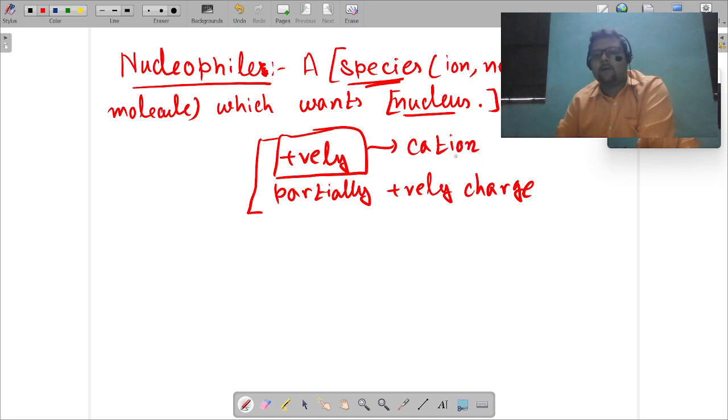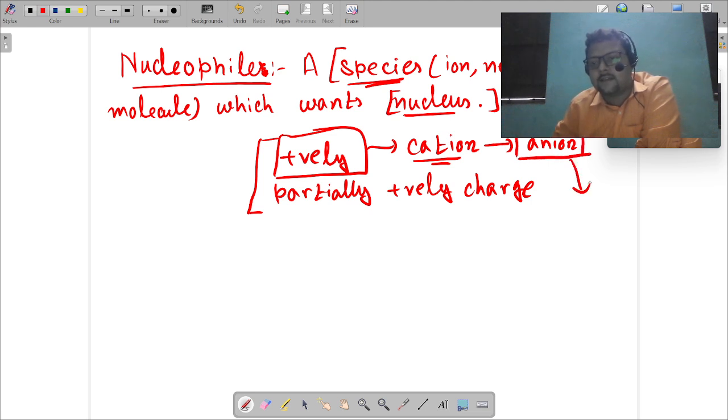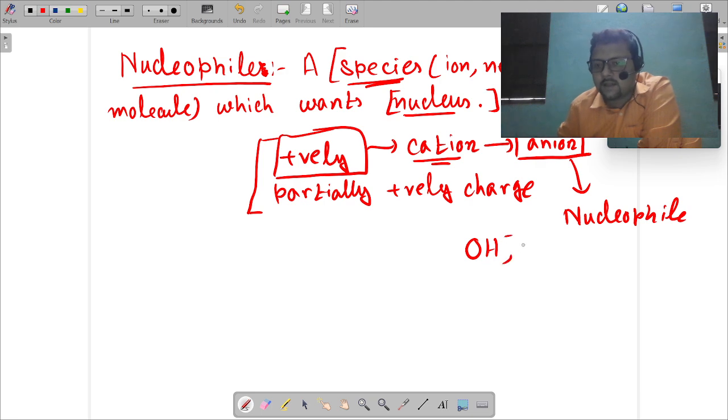By default, if a species wants a cation, then that species must be an anion. So all the anions will be classified as nucleophiles. Some examples are the OH minus hydroxyl ion, fluoride ion, iodide ion, or sulfate ion.